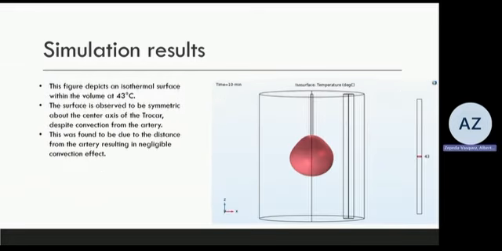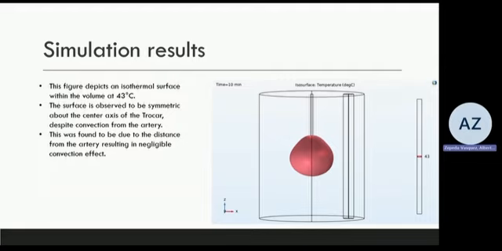Lastly, our team wanted to highlight the influence of the artery when it is in close proximity to a trocar. As it can be seen in the image, initially the artery was chosen to be 33 millimeters away from the trocar center. We did this in the heat distribution at 40.